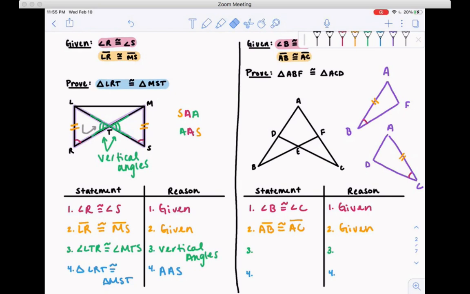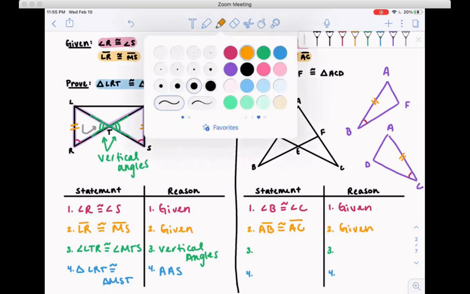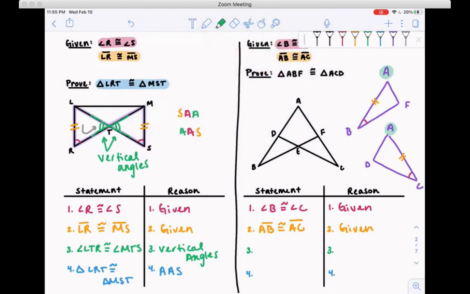We can also use the reflexive property for angles, and triangles can also share the same angle. And in this case, if we look at the top of these triangles, they both have angle A. And we can see that on the diagram right here. Both of our triangles have that top angle as one of their angles. They're overlapping and they share that angle.